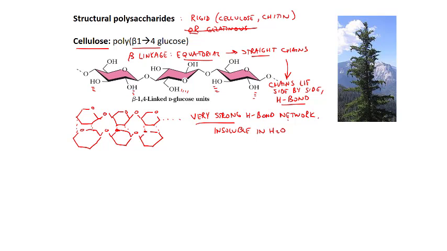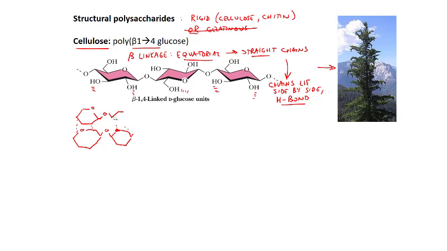So it just doesn't dissolve in water. Cellulose is what the cell walls of plants are made of mostly, and also algae and some other organisms. Animals do not make cellulose, and only a few animals can break down cellulose as an energy source. Humans are not among them, so for us, cellulose is not useful as an energy source. It's just fiber.